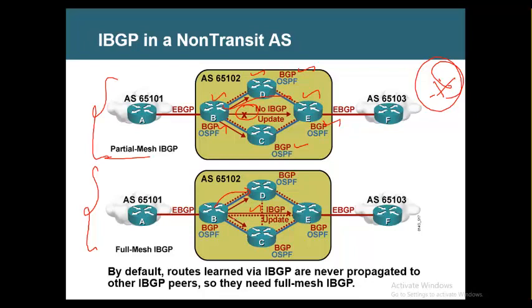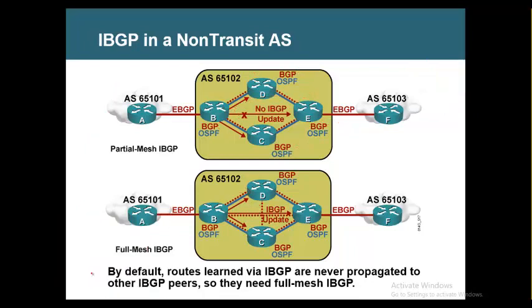Meaning, even though we are running BGP here and here, the updates coming from B to D, D will not give it to E. It will not. See, a route learned via IBGP. D is an IBGP peer to B.